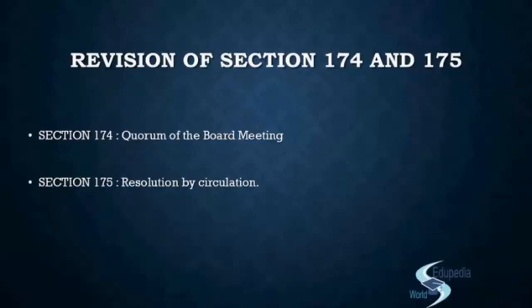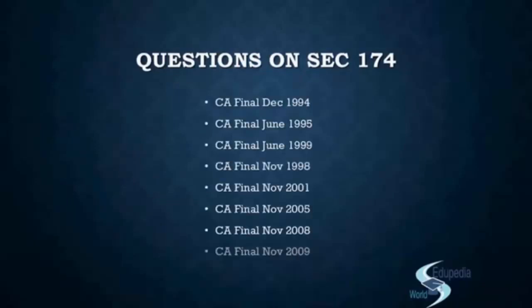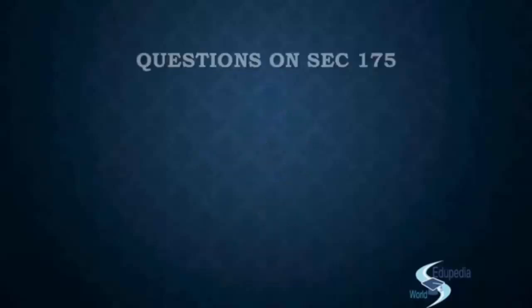Now we move on to the questions. First we'll pick up the questions of section 174. If I show you the list, we have many questions appearing in your examinations from 1994, 95, 99, 2000, 2005, 8, 9. So very recently you did not have a question. All the questions that you had were before 2009.